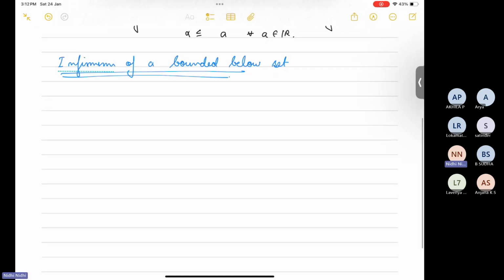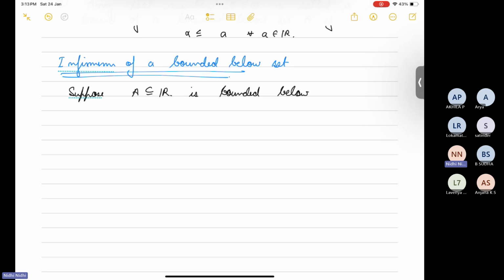Suppose A is a subset of R, the set of real numbers, and is bounded below. Then we have a collection of lower bounds.